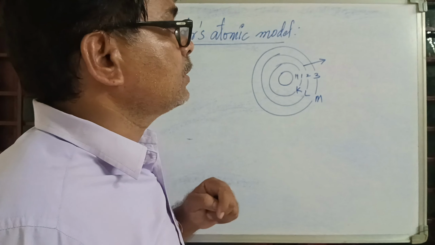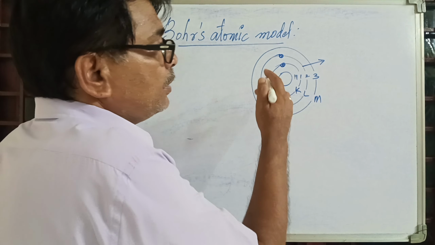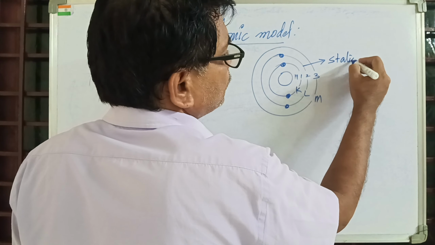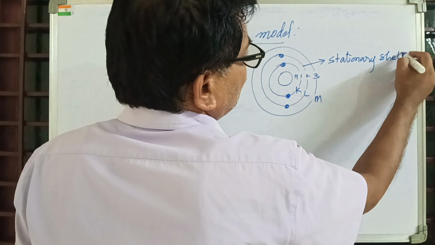And as long as the electron remains in the same orbit, suppose there are two electrons here and two here, imagine, and they want to remain for a lifetime in the same orbit, then their energy will be constant. And finally, these orbits or shells are called stationary orbits or stationary shells. That is the first point.